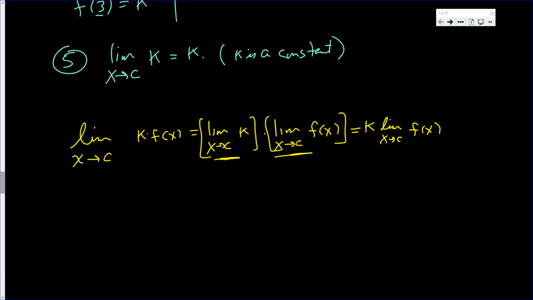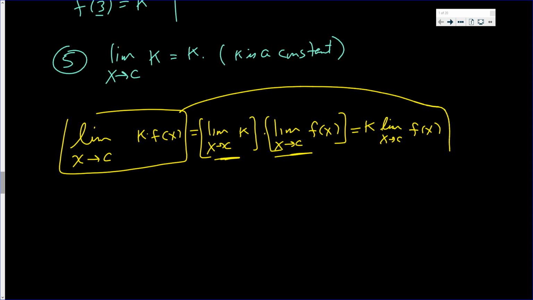And then you say to yourself, oh, you look from here to here, and you say, oh, the constant can come out in front. It's not because I told you, but it's because we proved it using the product rule.